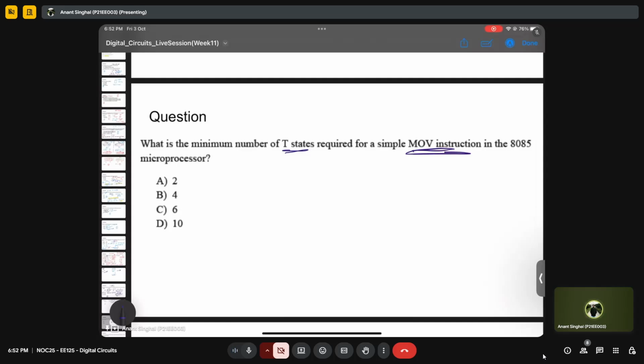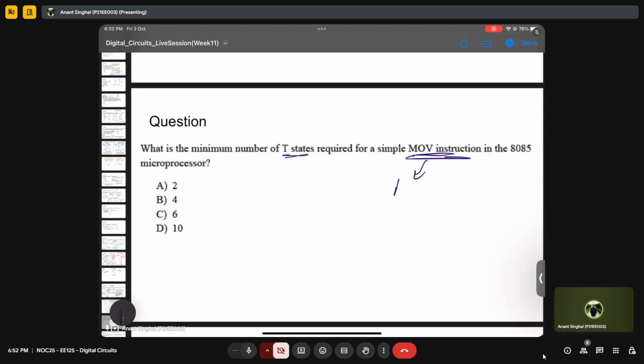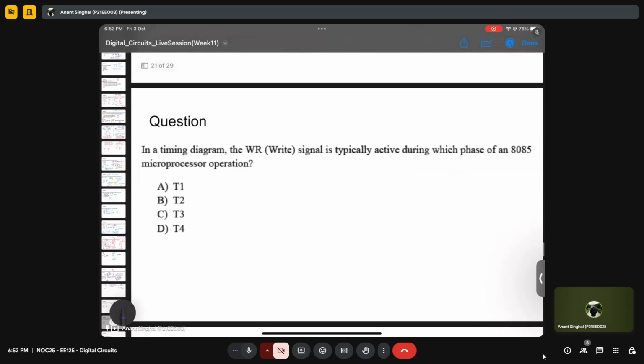So yeah, what would be the answer to this? Can anyone tell? To have a move instruction, we at least need to fetch, right? So the minimum states for a fetch is 4T. So hence the answer would be option B. So let's move ahead.